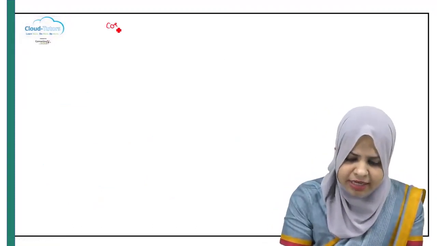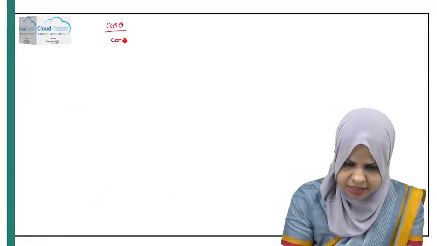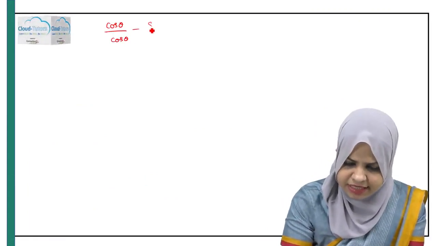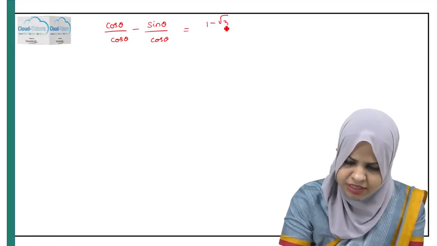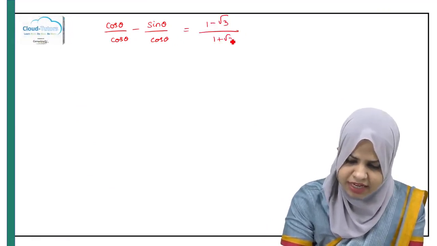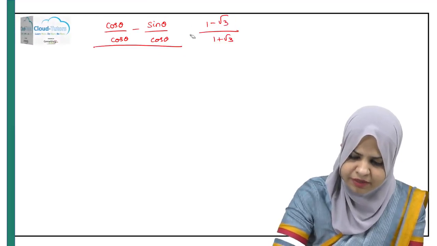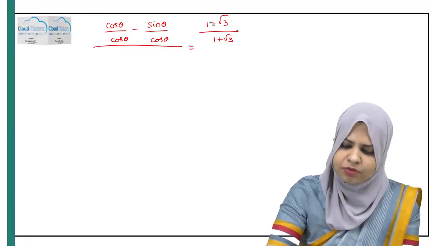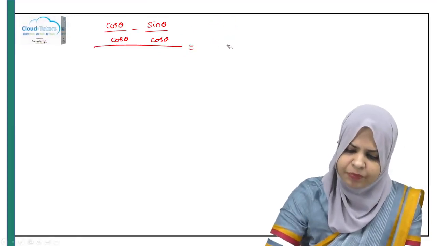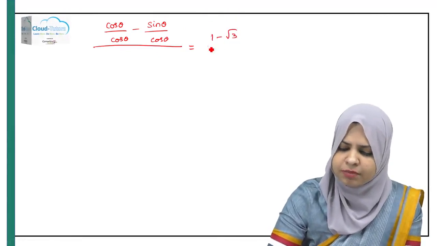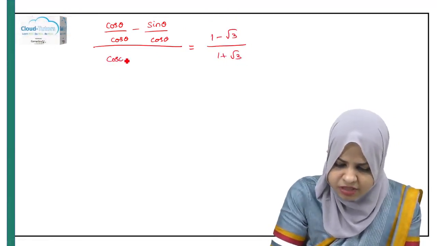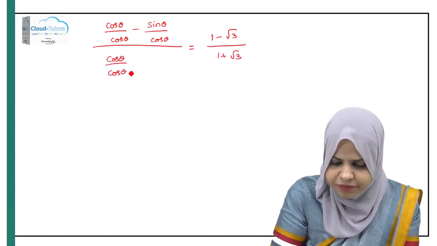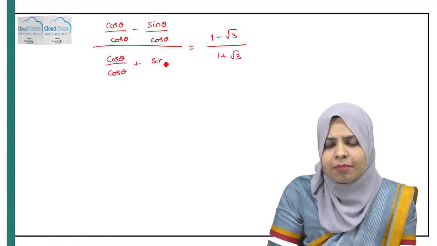So cos theta by cos theta minus sin theta by cos theta, over cos theta by cos theta plus sin theta by cos theta, is equal to 1 minus root 3 by 1 plus root 3.